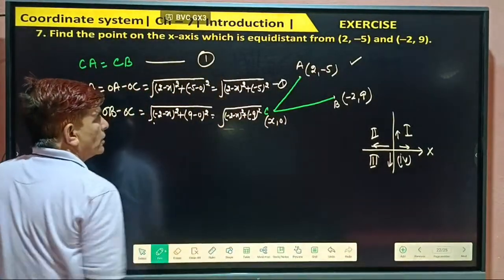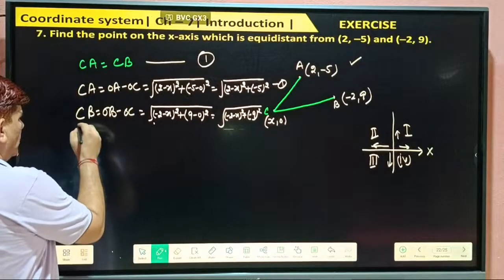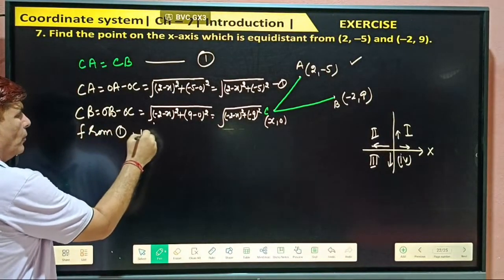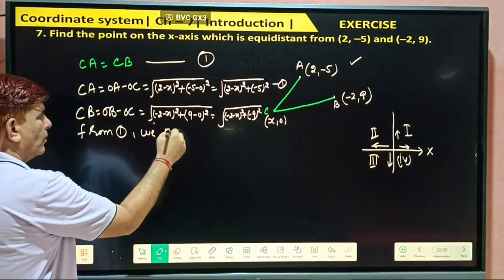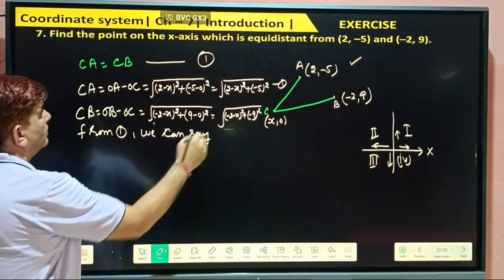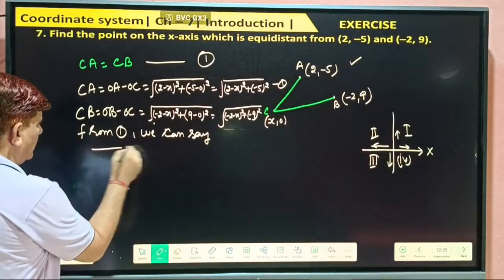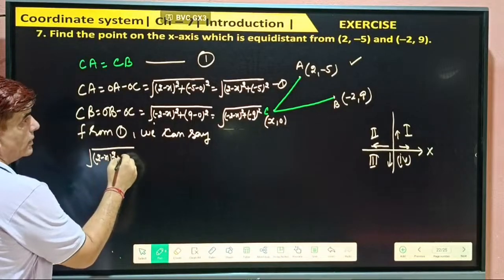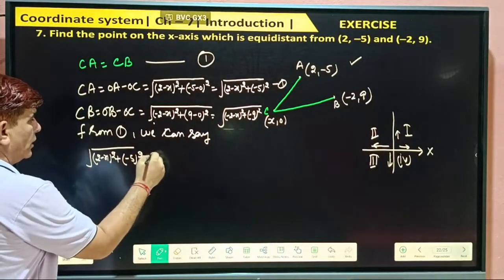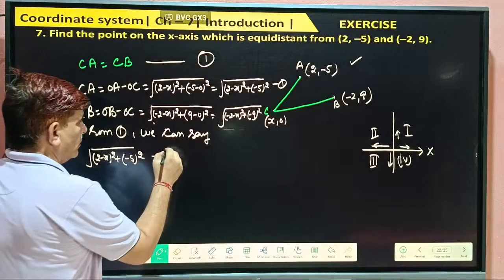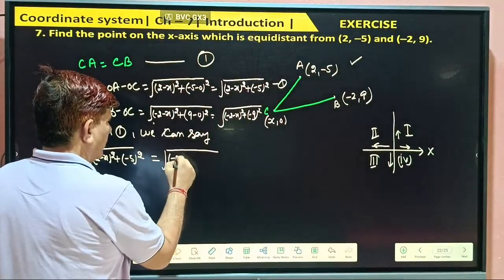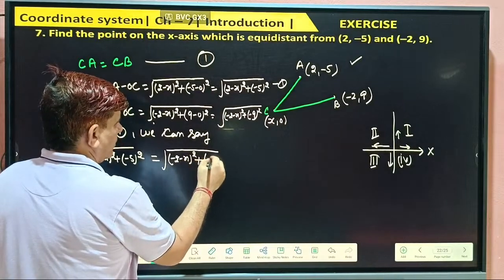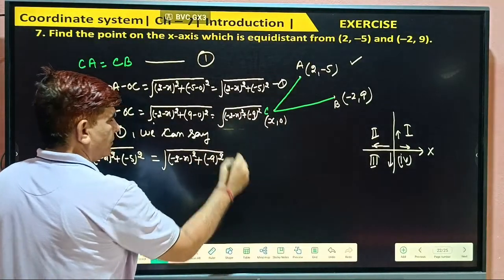From the first, we can say that under the root (2 minus x) whole square plus (-5) whole square is equal to under the root (-2 minus x) whole square plus (-9) whole square.